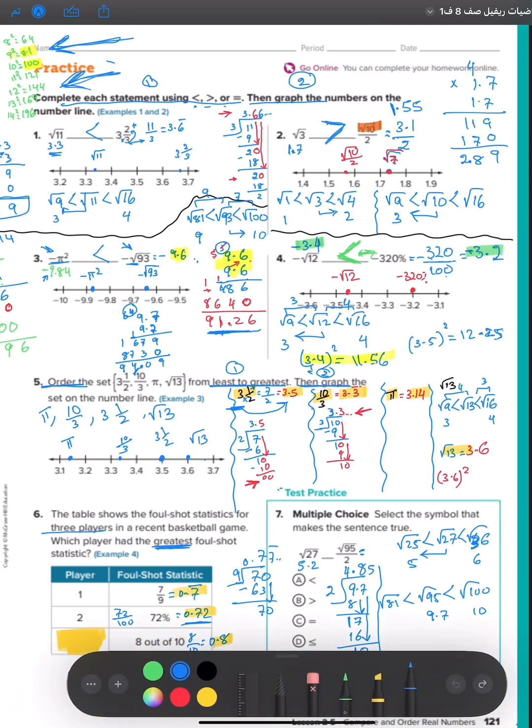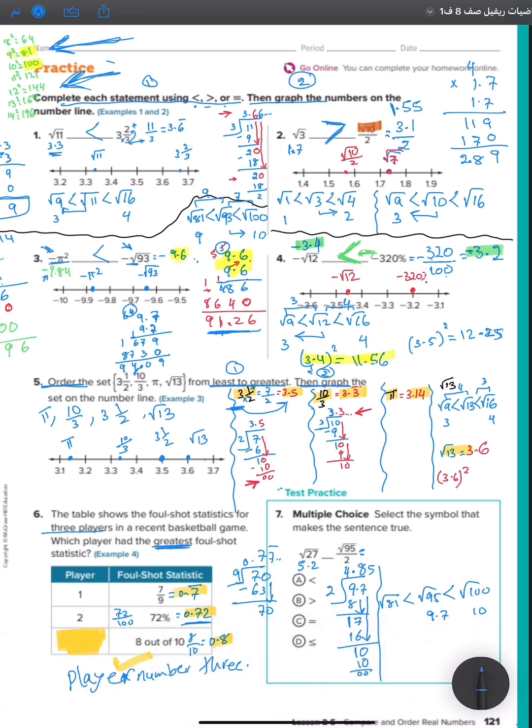I will delete all this to see it easily. It is 4.85. So which is bigger, 4.85 or 5.2? This is the right sign, which is answer B. Make practice to understand very well. We finish lesson 2.5.